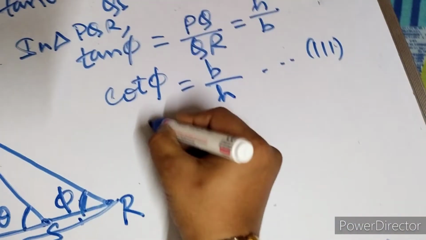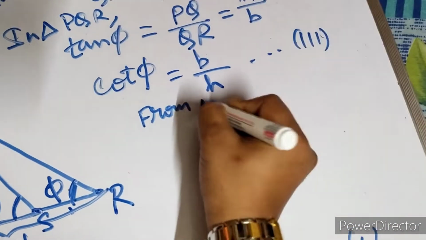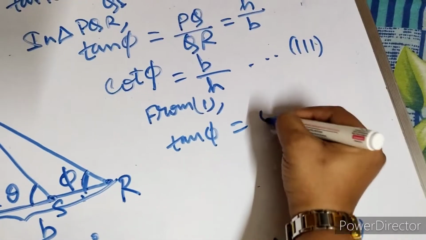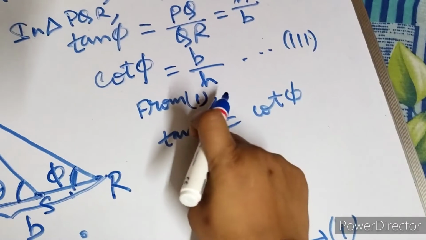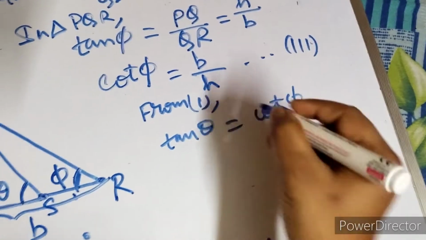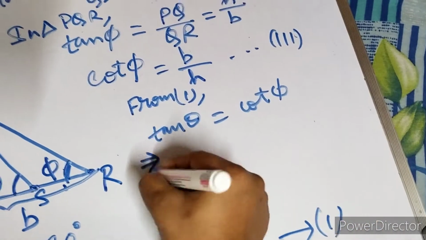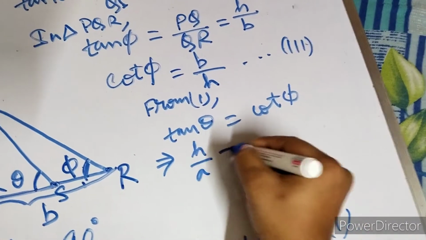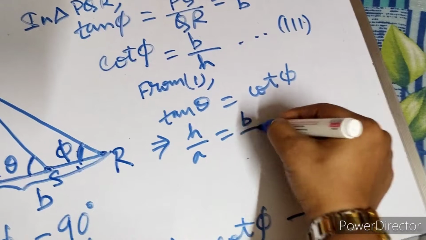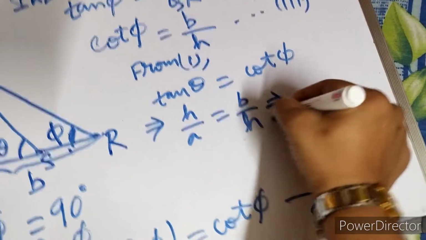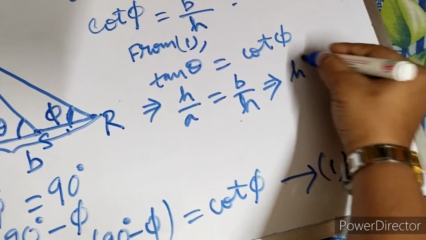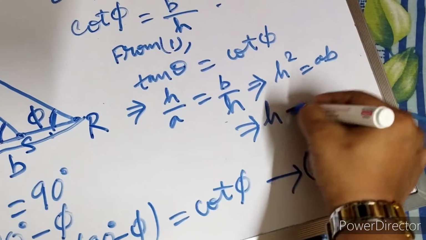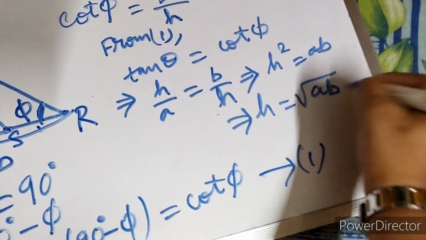So from 1, tan theta equals cot phi. Now what is the value of tan theta? Tan theta was H by A and cot phi is B by H, which implies H into H, H square equals AB, which implies H equals root of AB.